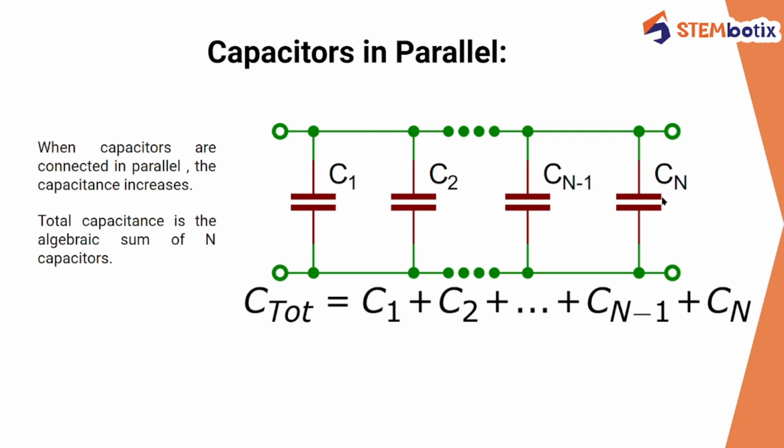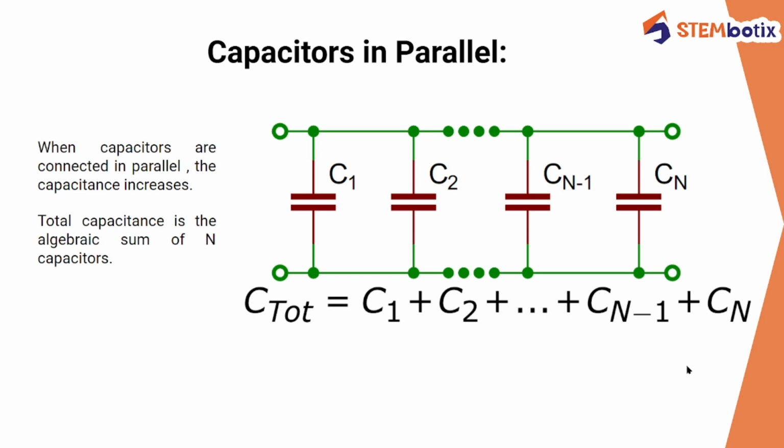Whenever n capacitors are connected in parallel, the total or effective capacitance is equal to the sum of the individual capacitances, C1 plus C2 plus up to Cn minus 1 plus Cn. So this is the total or effective capacitance in a circuit.